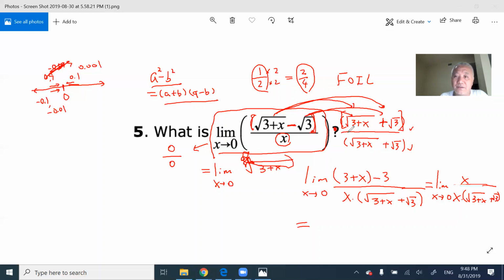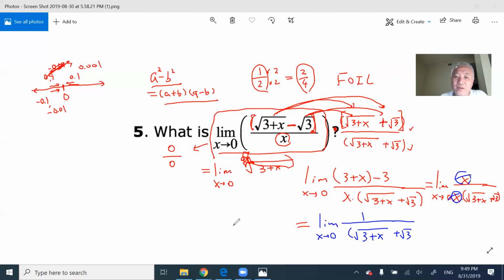So this x will be canceled. After you cancel, you have limit x approaches 0. You have top is 1 over, this x cancels already, no more. So you're going to have only what? Square root 3 plus x and the plus square root 3.